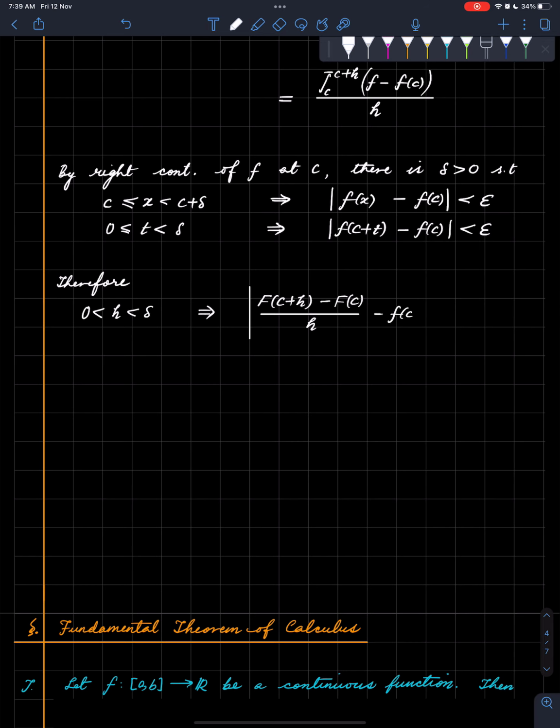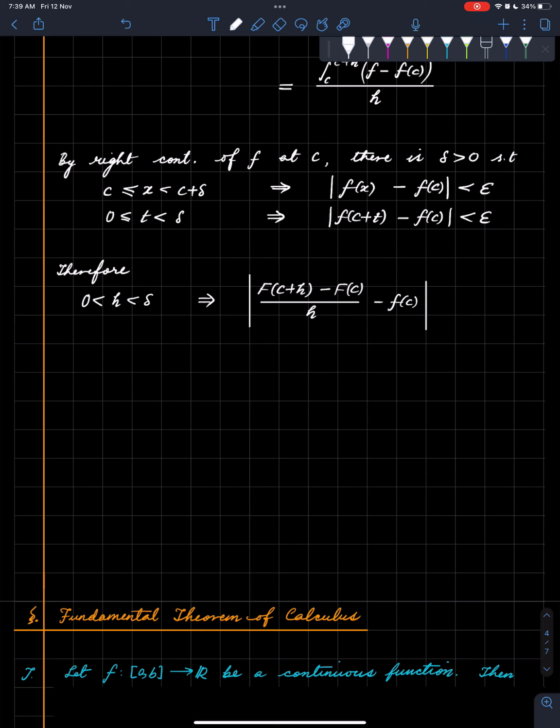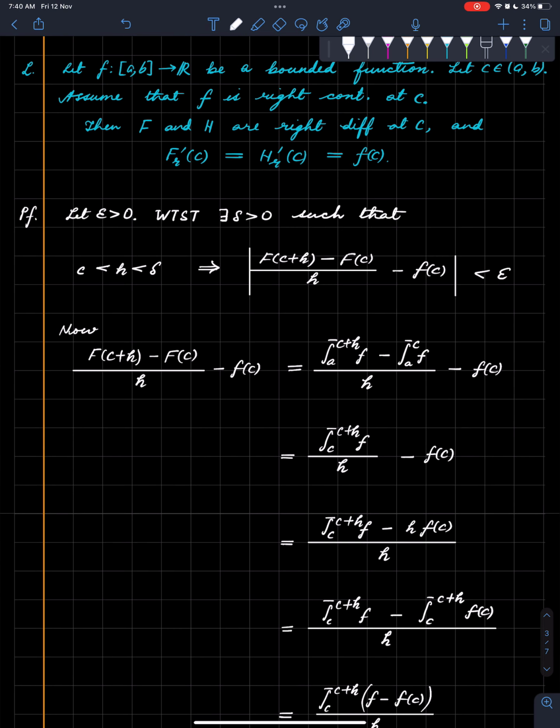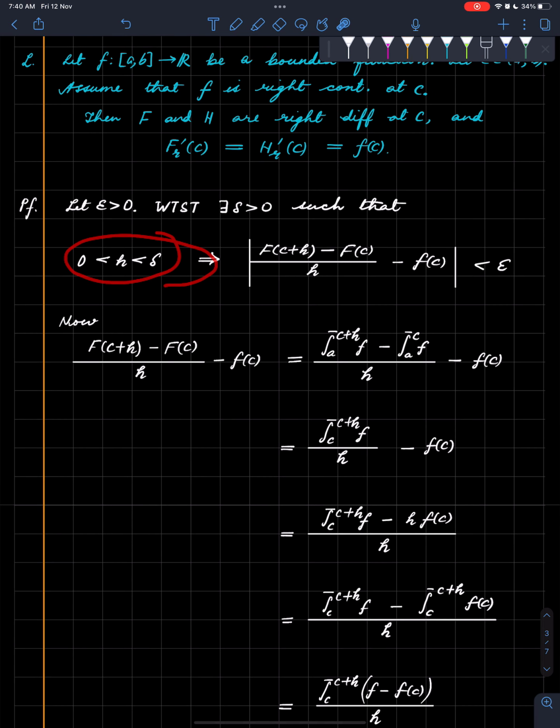This is equal to the absolute value of the upper integral from c to c plus h of f minus f of c, divided by h. So here there should be a 0. I messed up, so please note here instead of a 0 I wrote a c, but it should be a 0.